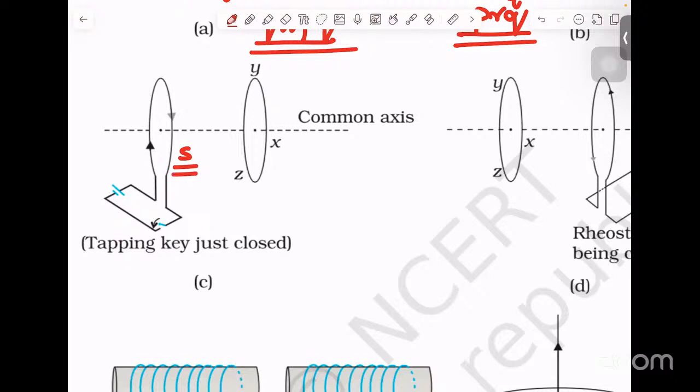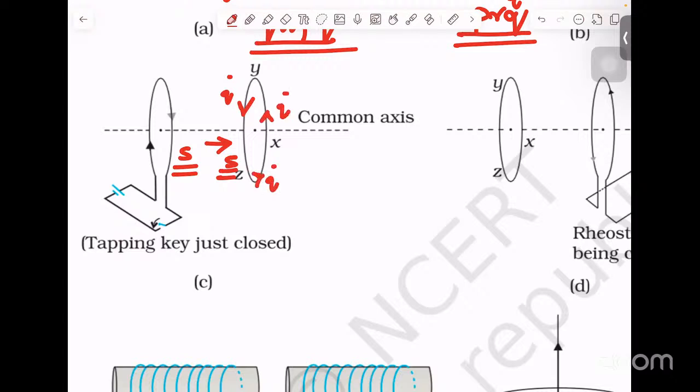Now if this acts as a south pole, then to oppose this, this should also act like a south pole. Now, how will it act like a south pole? If viewed from this side, this coil should be in a clockwise sense. So how will it be? Current should flow like this.